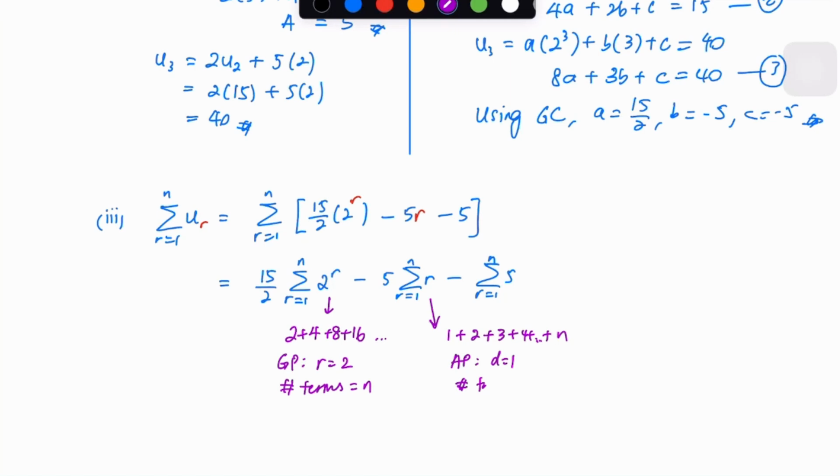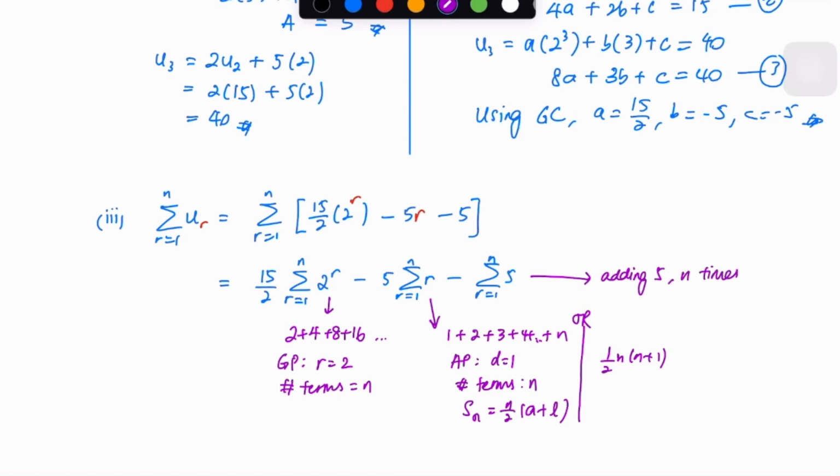Number of terms is n. So you can make use of Sn equals n over 2 times a plus l, or you can make use of the identity half n times n plus 1, because we are literally summing from 1 to n. Last one, we are adding 5 n times.